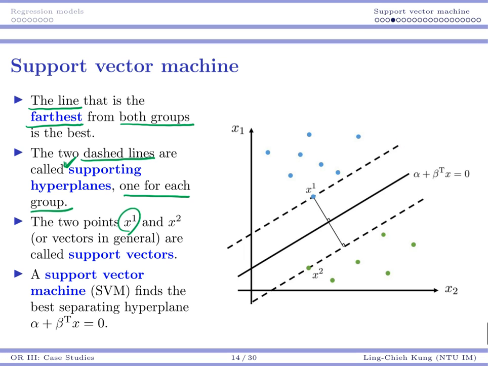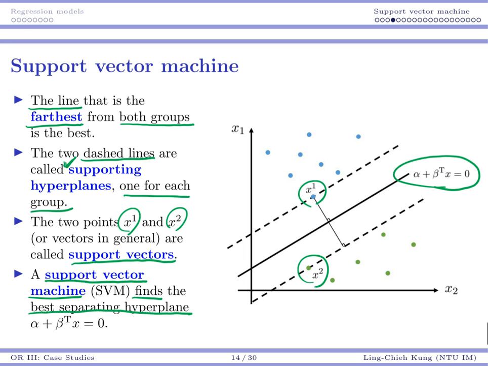And then the 2 points, x1 and x2, are called support vectors. Somehow they define the supporting hyperplanes. So the name support vector machine is a model, or you may say an algorithm, whatever. It's a model that tries to find the best separating hyperplane, which may be expressed in general in this way: alpha plus beta transpose x equals 0, the typical formula for a linear function. Okay, so that's the idea. Later, let's see how to do the formulation.